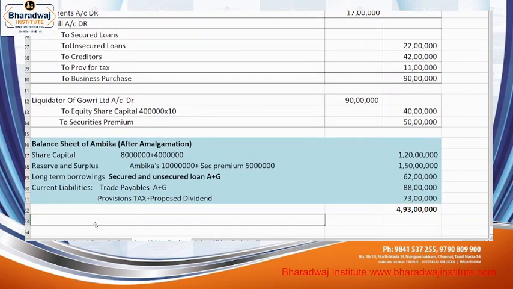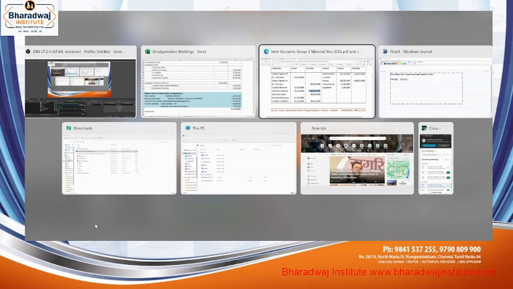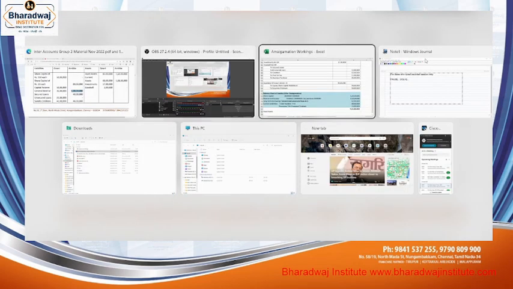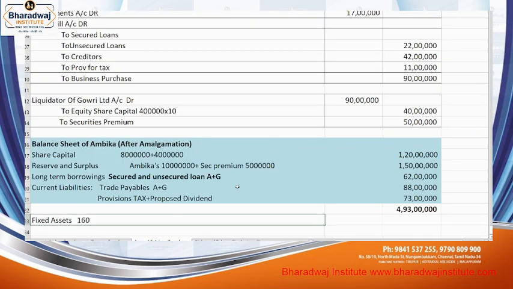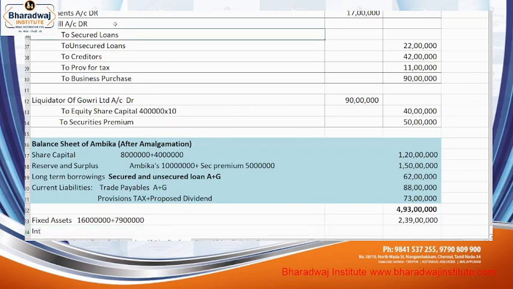What assets are there? Fixed assets, Ambika, how much is there? 1 crore 60 lakhs plus the other one, 79 lakhs, revised value. Total? Then intangible, goodwill. Oh, goodwill is valueless. Now I have debited it here, copy paste.